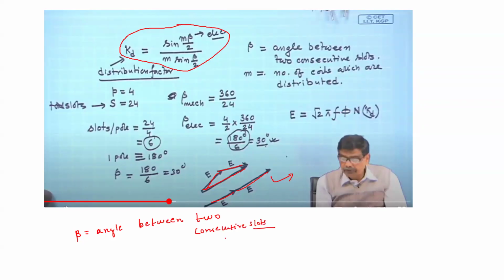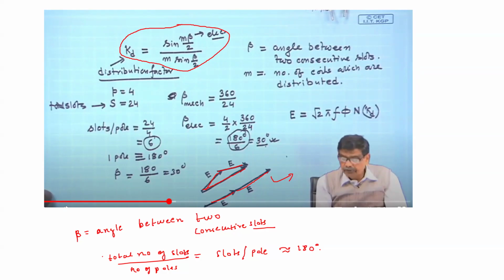We know that the total number of slots divided by the number of poles will give you slots per pole. We know that these slots per pole span 180 degrees, unless it is specified that it is short pitched or something. Okay.